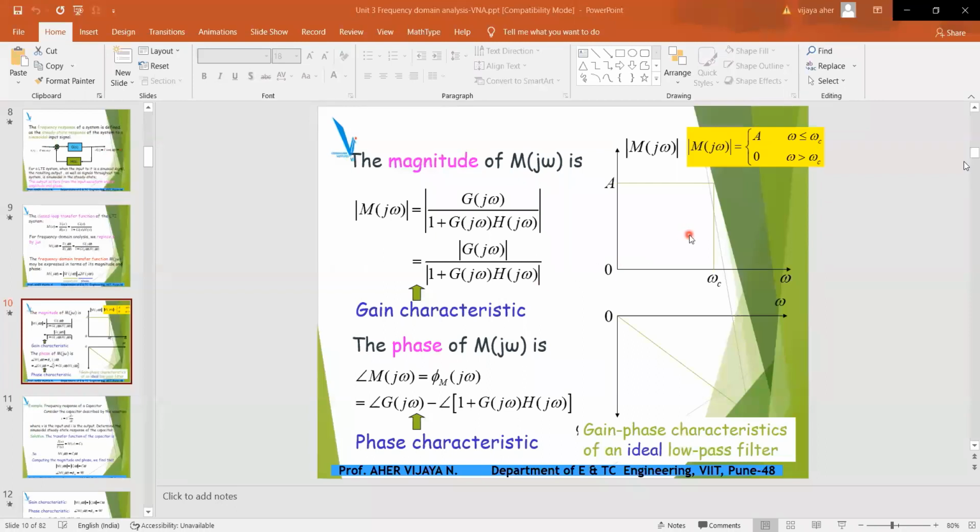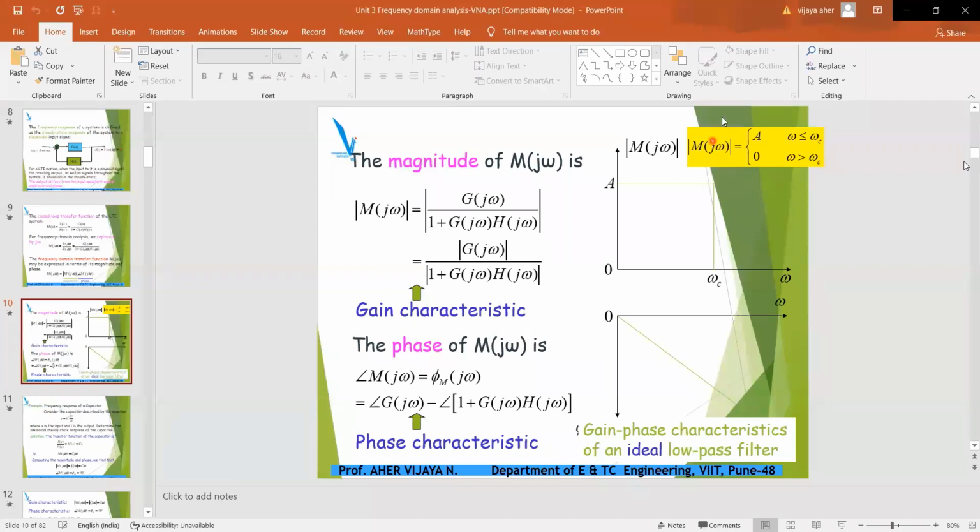Now coming to this, if your equation is like this, for example, I have given M(jω) is equal to A for angular frequency ω less than or equal to ωc. ωc is the cutoff frequency, and M(jω) is equal to 0 when ω is greater than ωc.